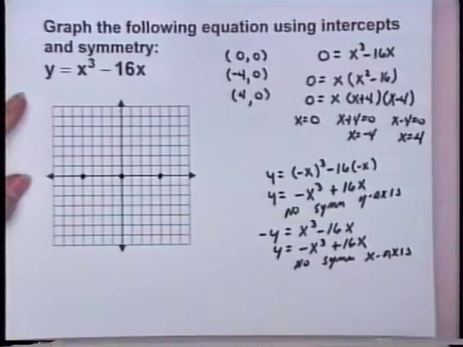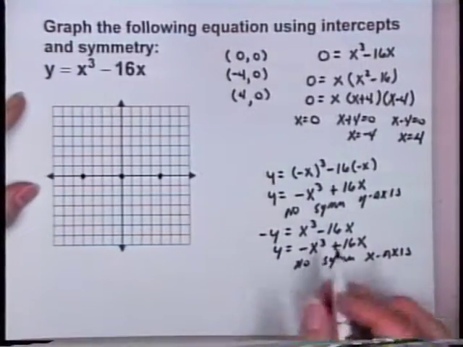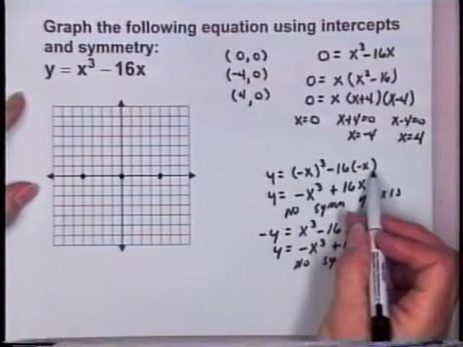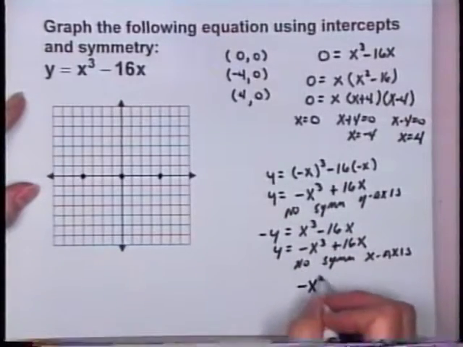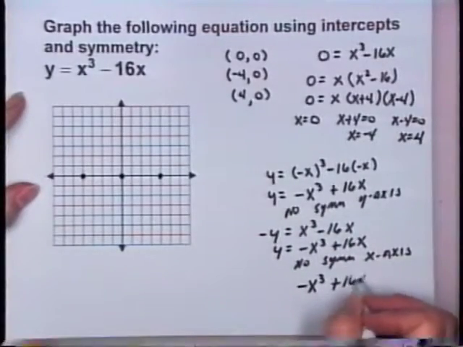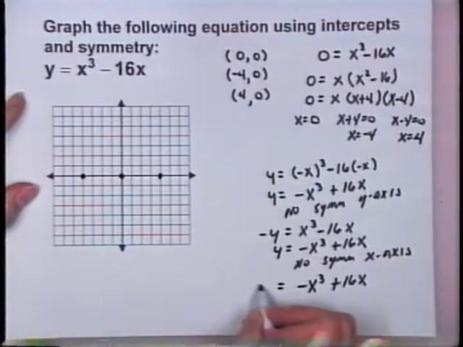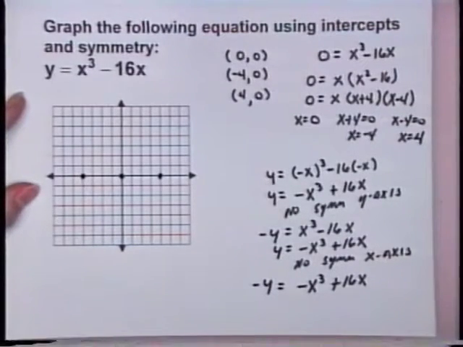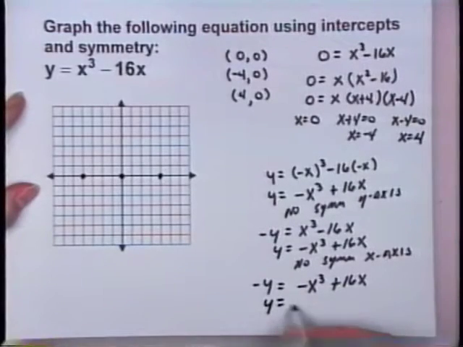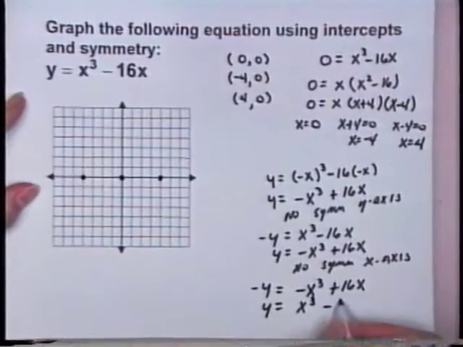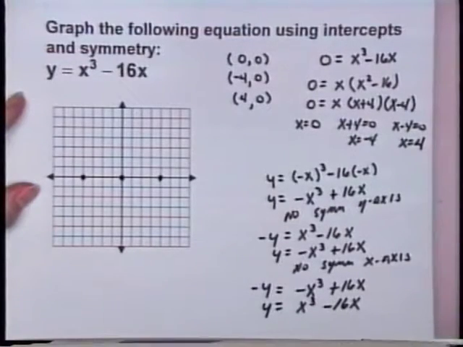What about the origin? I'm going to change both of them. Now, I've already seen if I change x to negative x, I get negative x cubed plus 16x over here. And of course, if I change y to negative y, I have a negative y over here. Look what happens now when you multiply through by a negative. Y equals x cubed minus 16x.